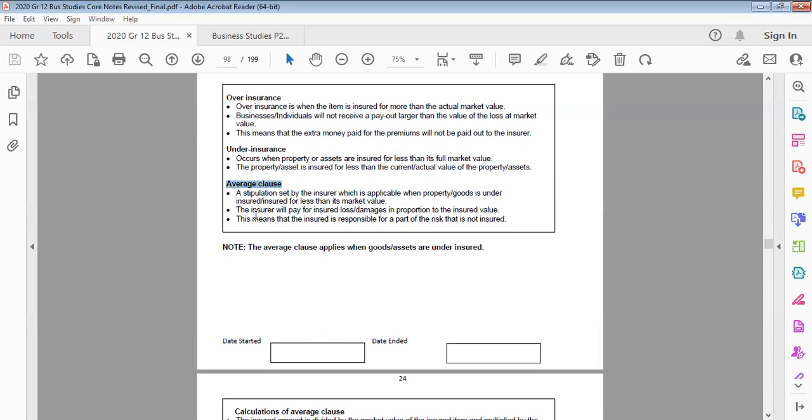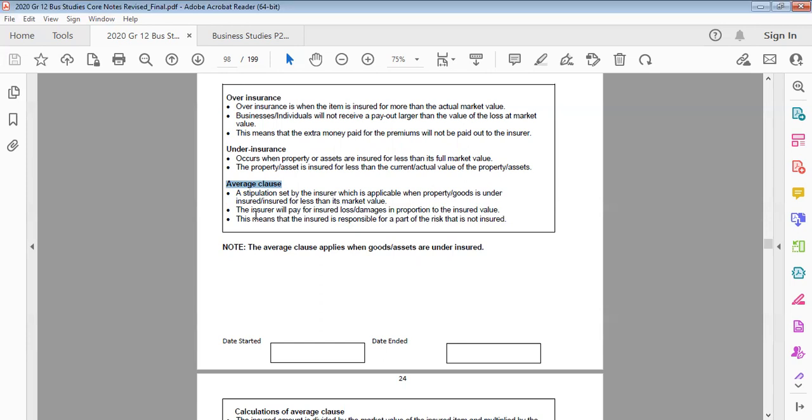Okay, so if you are under insuring, your value of the asset is 5 Rand, but you are only paying a premium that covers 3 Rand of that value. So then the premium will be less per month, and the amount that is paid out to cover the loss will be less as well than the market value.